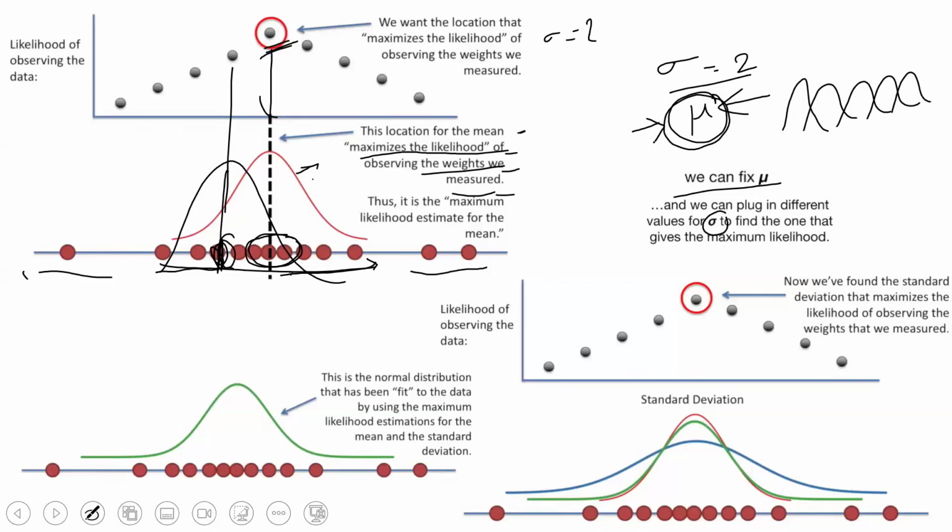Now that we have the mu value, we fix it, and then we keep changing the sigma value. If you look at this, the mean is fixed here, but we are changing the standard deviations, right? The standard deviation for this one is more when compared to the green line, and the standard deviation of the green line is more when compared to the red line.